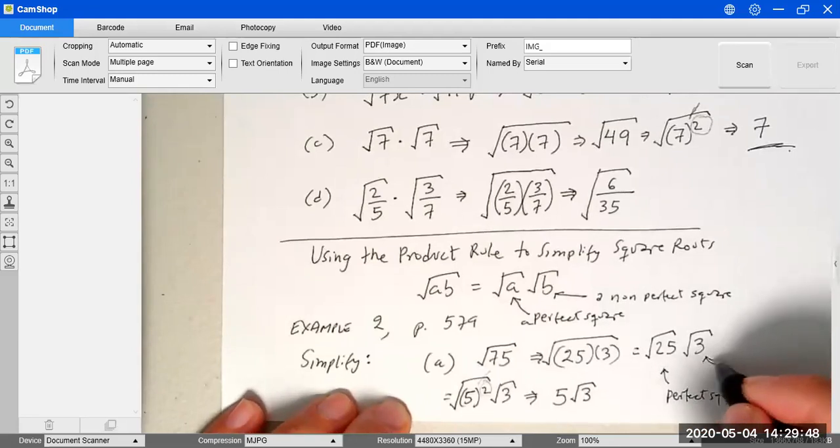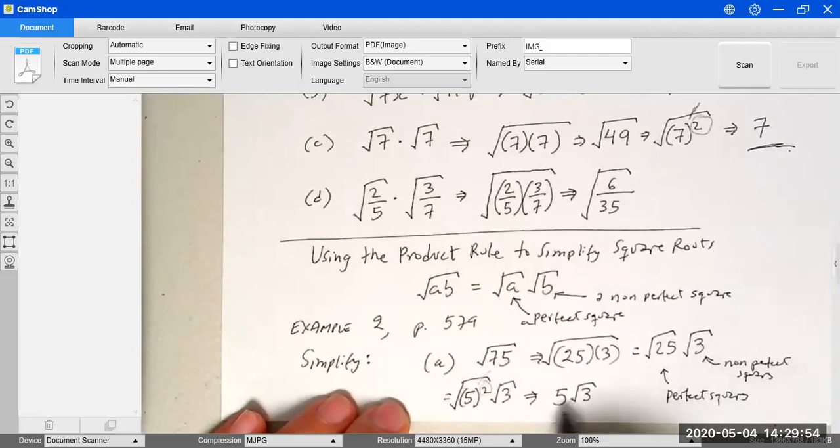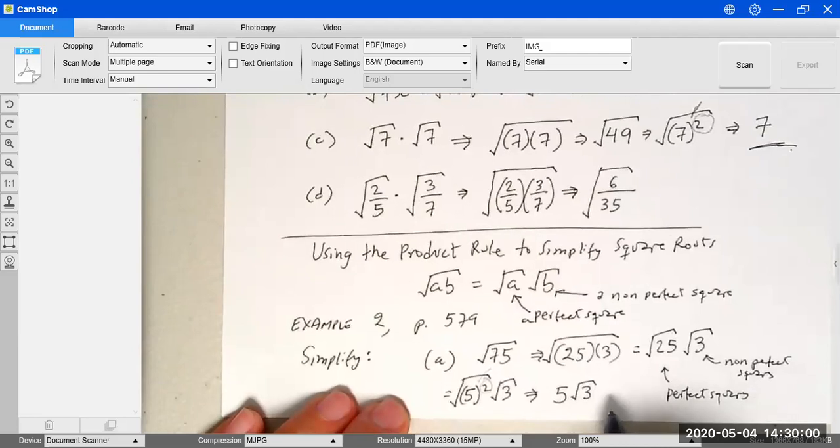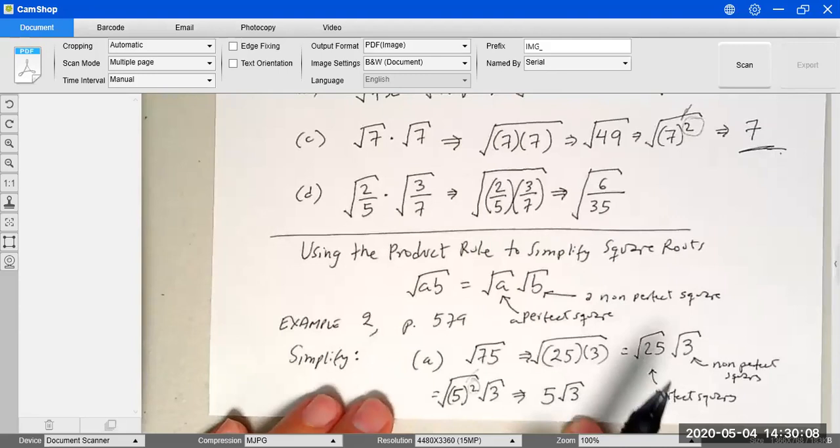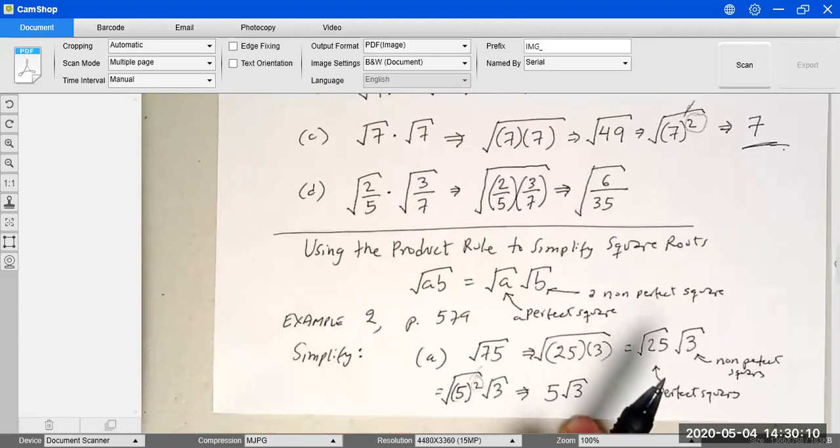My second radical is for the non-perfect square. Why? Because at the end, this is readable. So instead of having the square root of 3 times 5, which is very hard to read, you can have 5 radical 3, the answer, 5 radical 3. So let's work 2 more exercises, and then you're going to start practicing these new procedures.